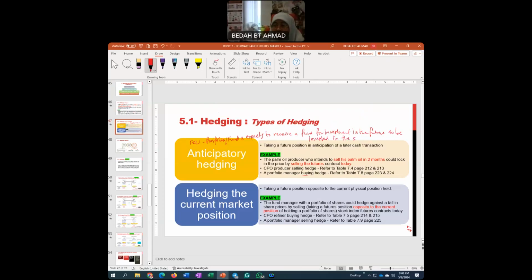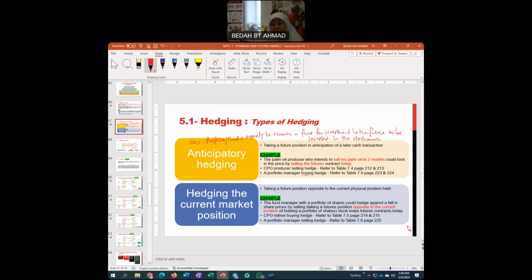So from now, the portfolio manager or fund manager needs to find a mitigation or risk management for this investment fund, so that by the time the fund is received, the portfolio manager has already made some hedging for this investment. That is what we call anticipatory hedging.